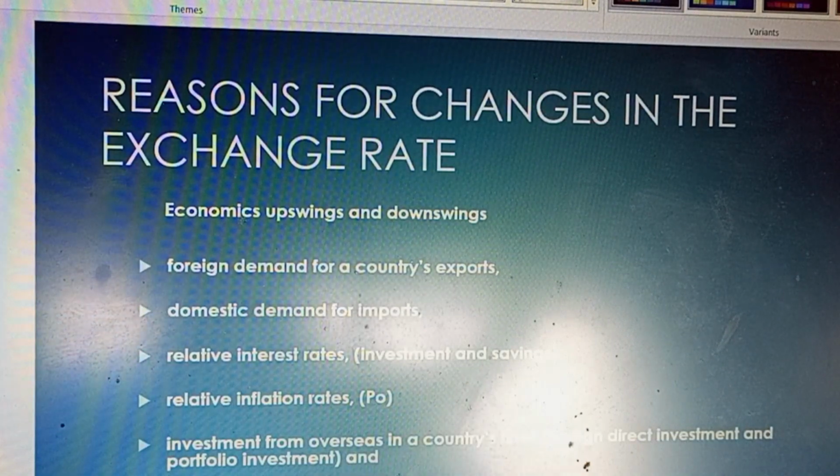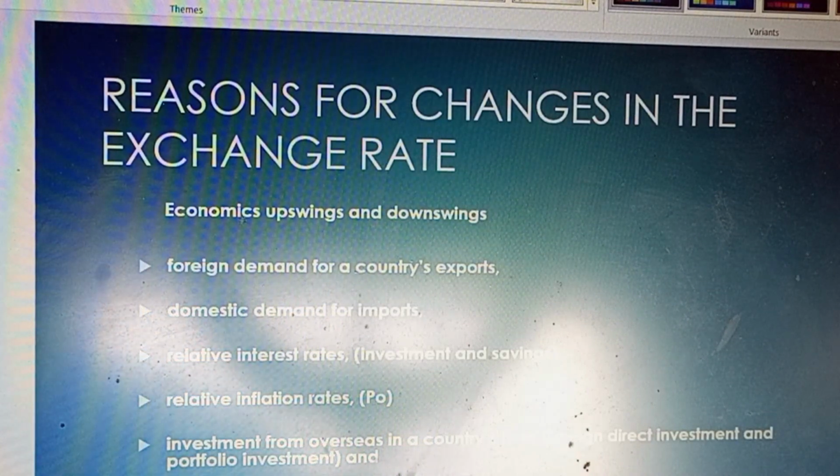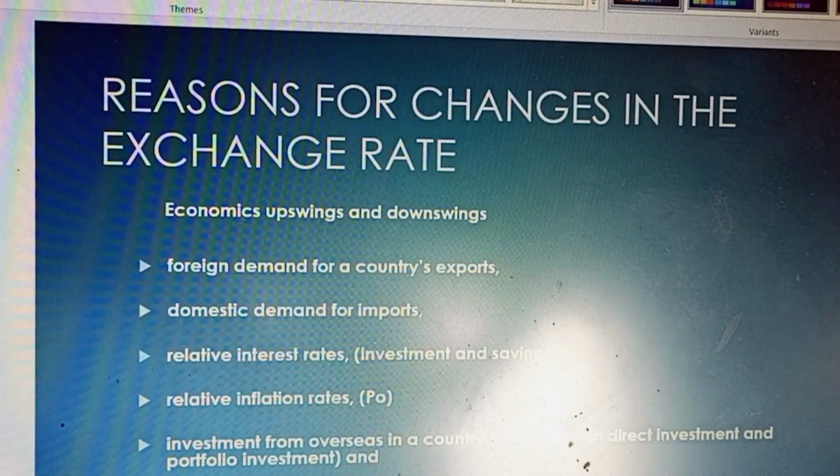Like we said, every country has its own inflation rate, and that affects the exchange rate. And then we also talked of investment from overseas, that is capital inflow or capital outflow, which also affects what? The exchange rate. And then speculations, also known as hot money, also affect the exchange rate.